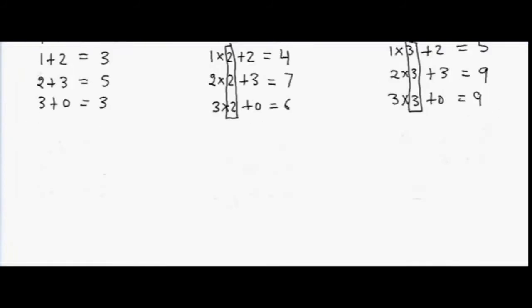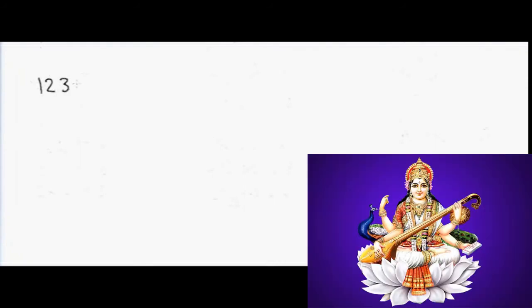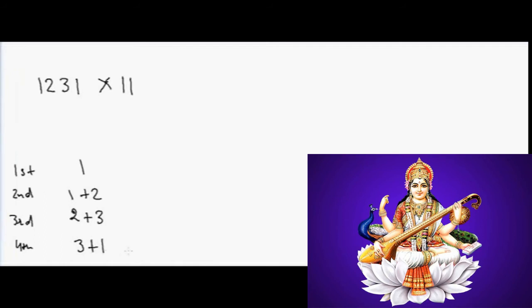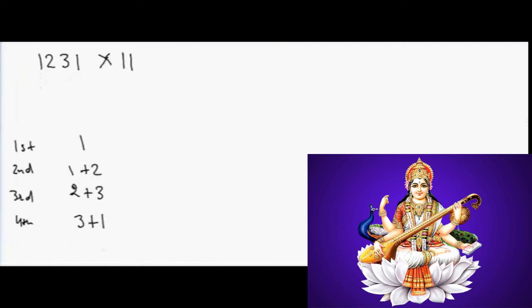So let's do another example. If I have 1, 2, 3, 1, I have to multiply by 11. The first digit will be equal to 1, the second will be 1 plus 2, the third will be 2 plus 3, and the fourth will be 3 plus 1, and then we are left with the fifth, which is equal to 1.